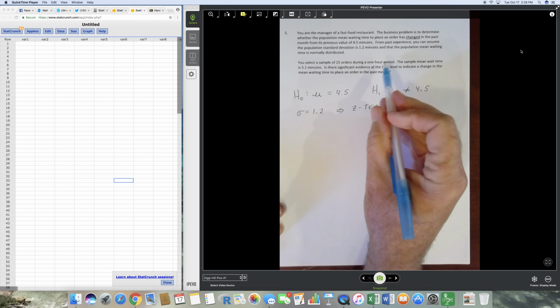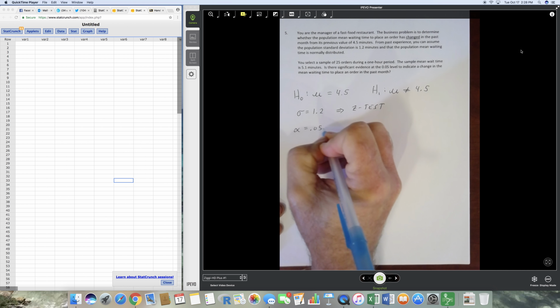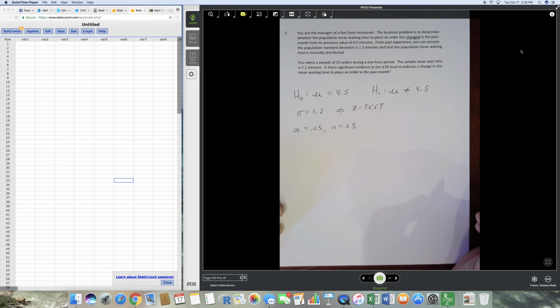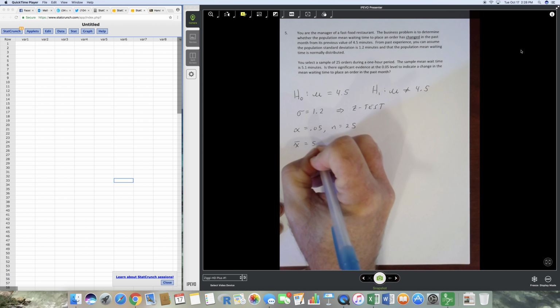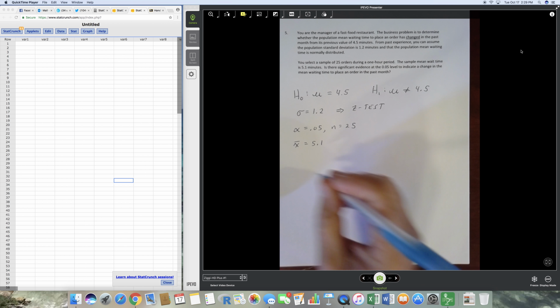Look at the significance level. From our sample, the sample mean wait time was 5.1. Is there significant evidence at the 0.05 level to indicate a change in the mean waiting time to place an order in the past month?